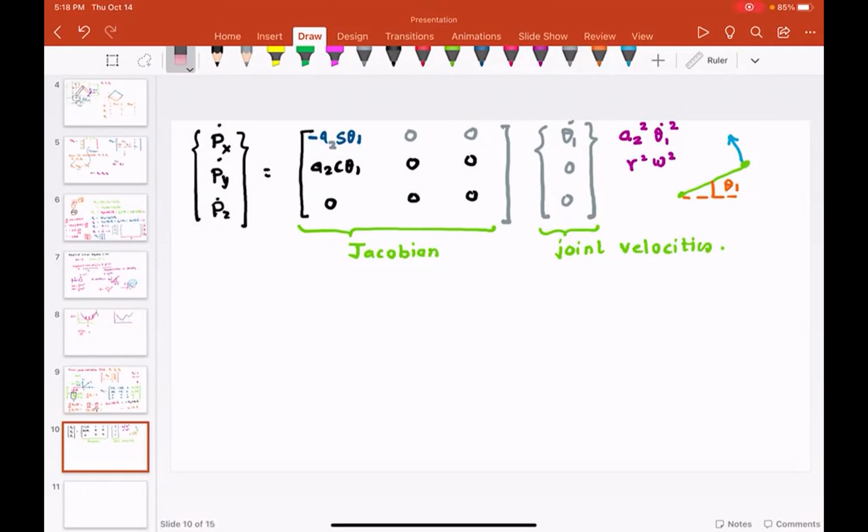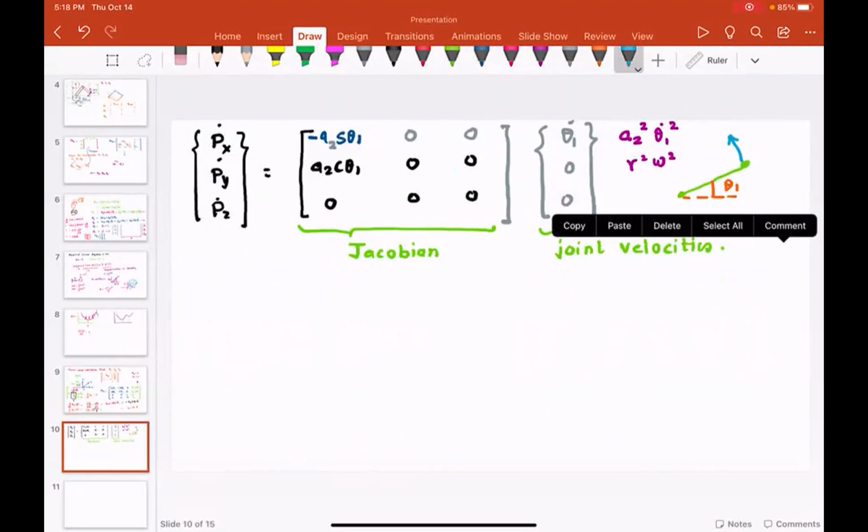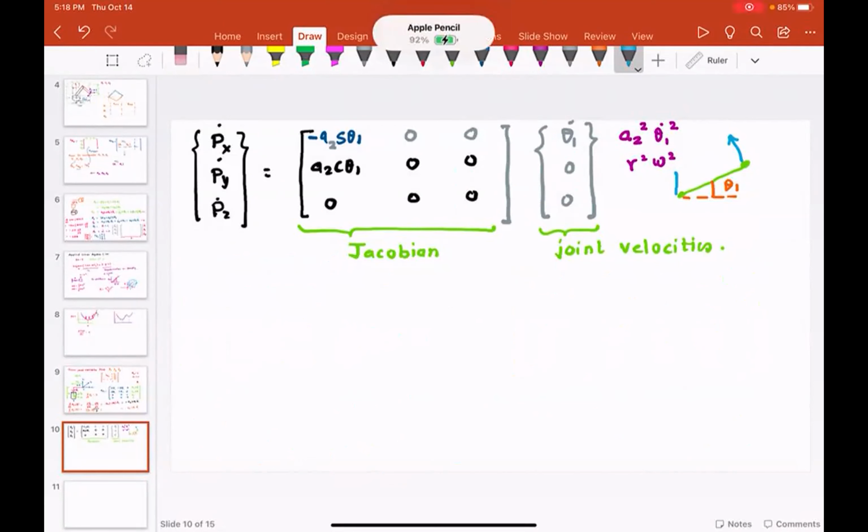Let me explain this once again for my own satisfaction. We look at the coordinate system.